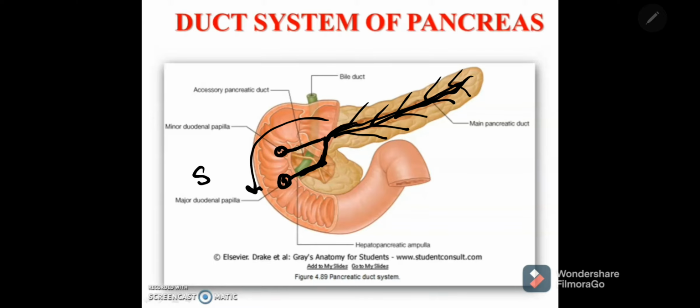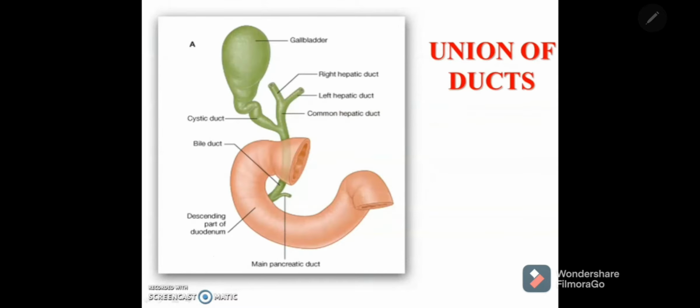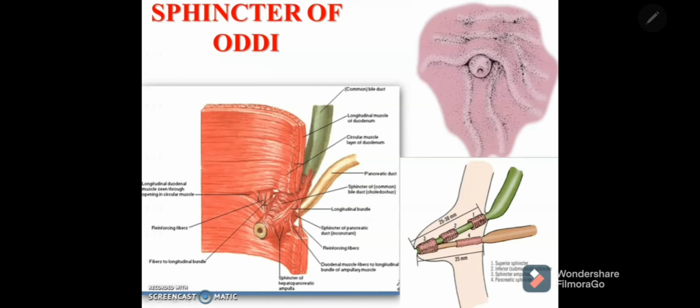Major duodenal papilla is around 8 to 10 centimeters from the pylorus, whereas minor is around 2 centimeters above the major duodenal papilla. You can see there is also the opening of the common bile duct. So common bile duct and pancreatic duct form the hepatopancreatic ampulla here and open into the second part of the duodenum. By that, the liver is releasing the bile, pancreas is releasing the enzymes and fluid.